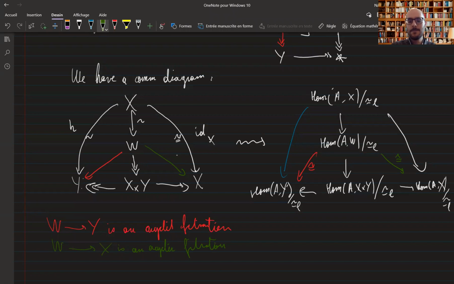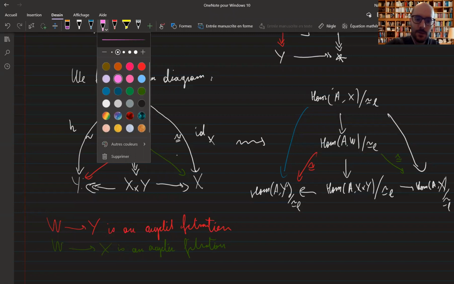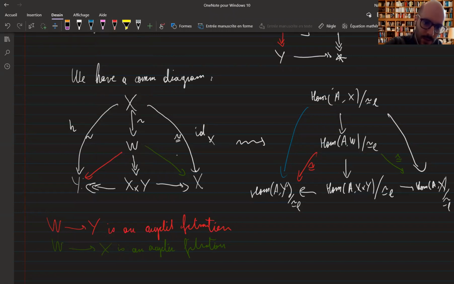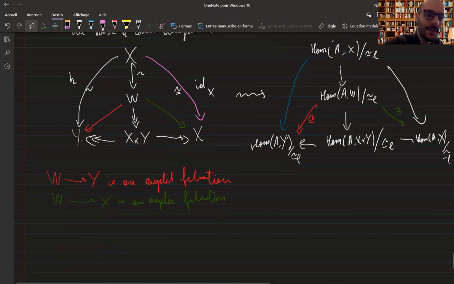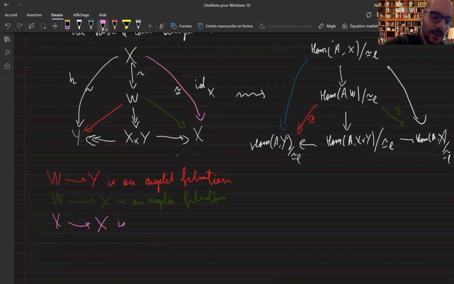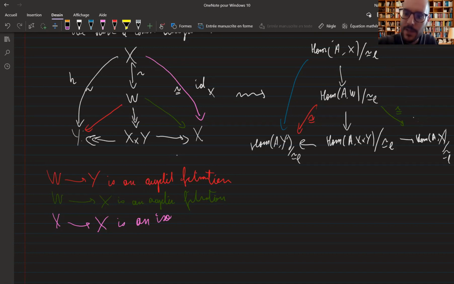All right? And finally, and I highlight, we don't apply the lemma for this one, but here we have the identity. And the identity is an iso. Well, okay, you can think of it as an acyclic fibration, actually, if you want. But anyway, post-composition by an isomorphism is an isomorphism. Actually, this thing here is, in fact, the identity, which is a bijection. All right?